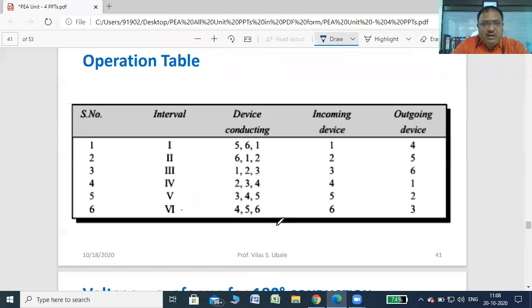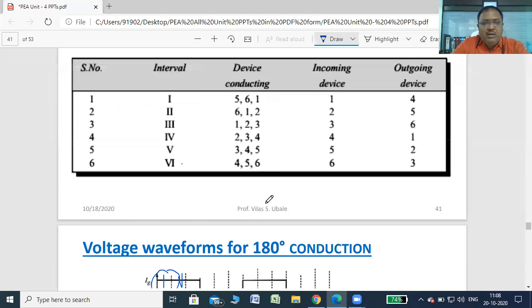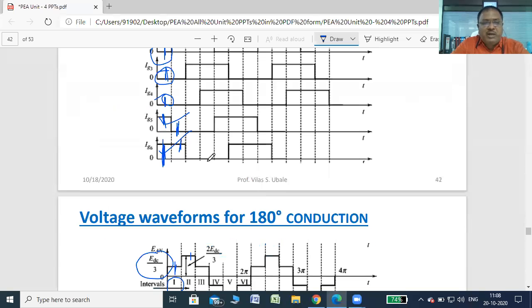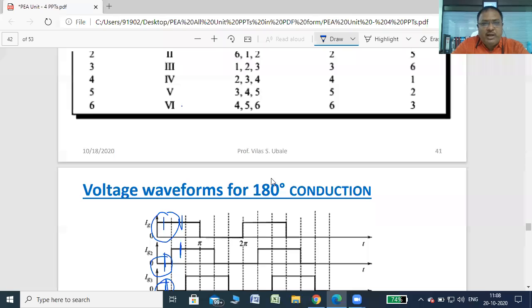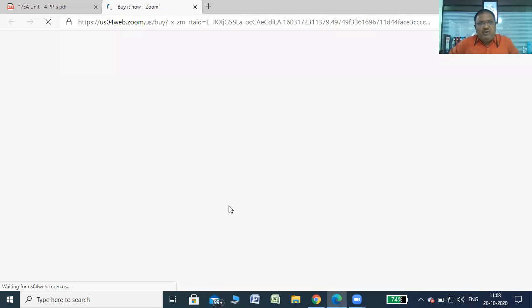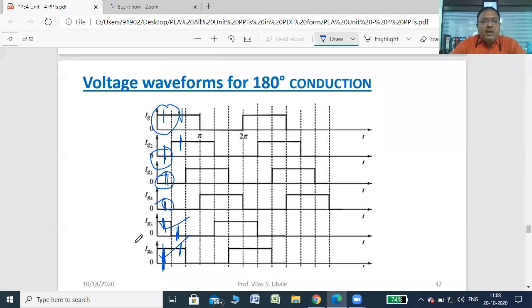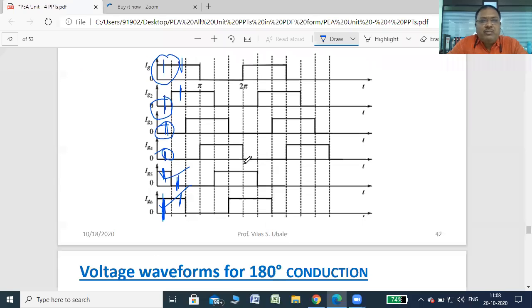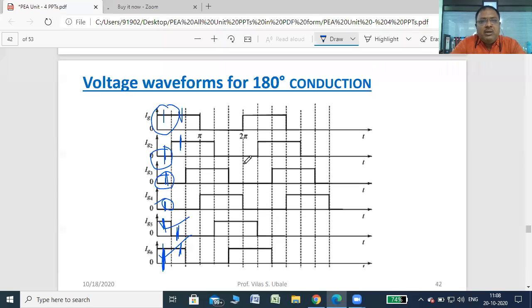But with the help of this operation table and waveforms, do you understand the working of this particular circuit? If you understand, then I will go for the next. Anyone from you, unmute and tell me, do you understand the working of the three-phase bridge inverter with the help of the operation table and voltage waveforms?